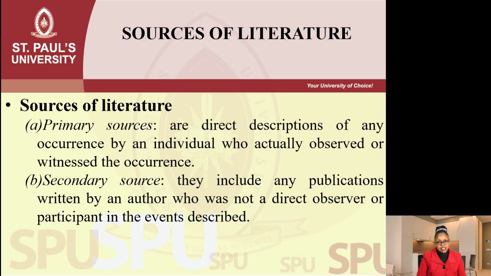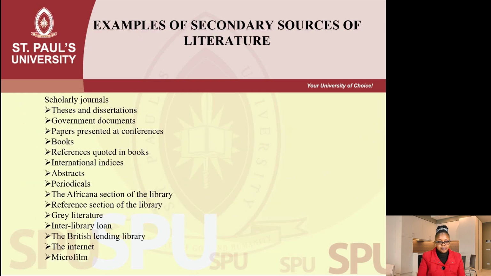It is not written in any book. It is not recorded somewhere. You are simply sharing your experience. While in secondary source, we include publications written by other people who are not the direct observers of what was happening. And so from secondary source, we get secondary data. From primary source, we get primary data.